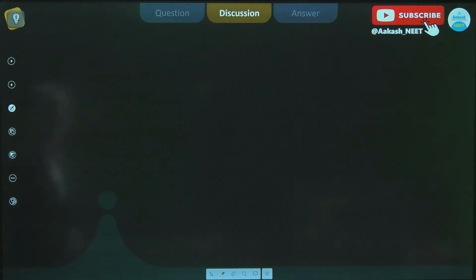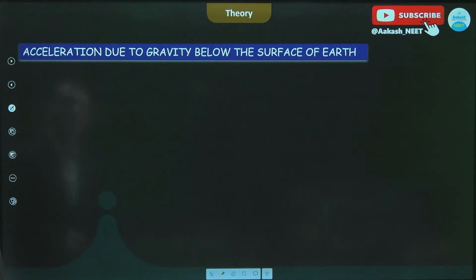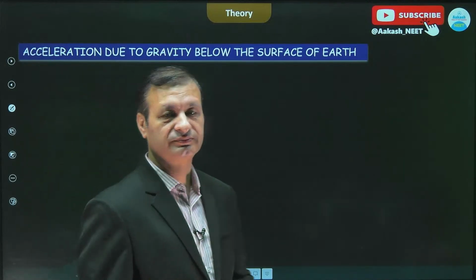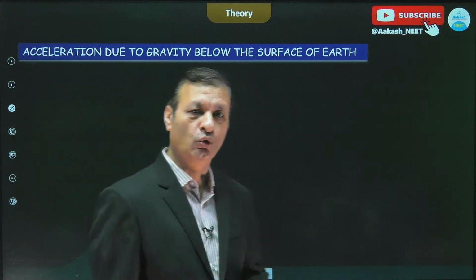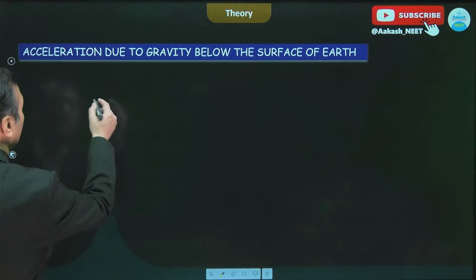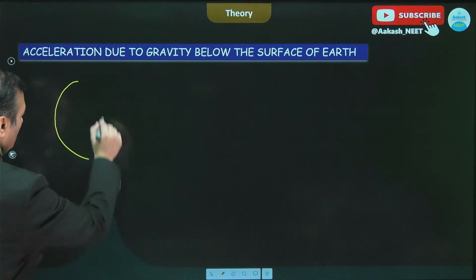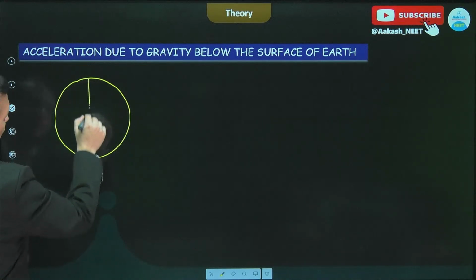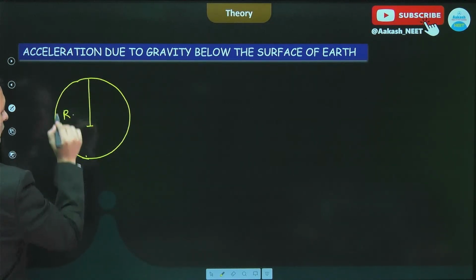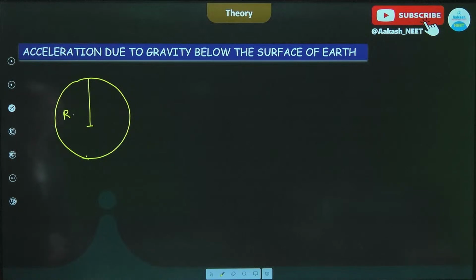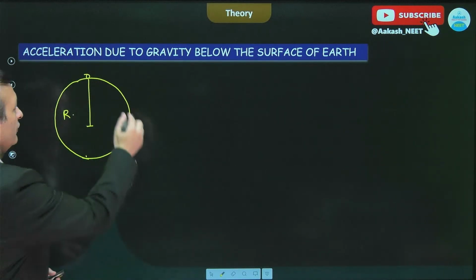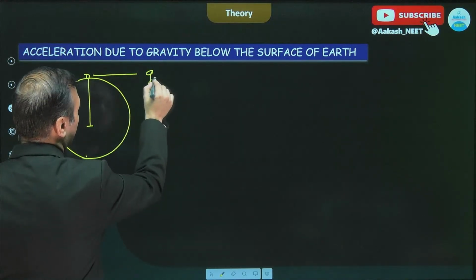Now next, let's move to acceleration due to gravity below the surface of Earth. This is below. So this is Earth and you have on the surface this g.